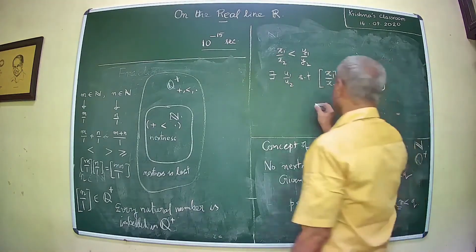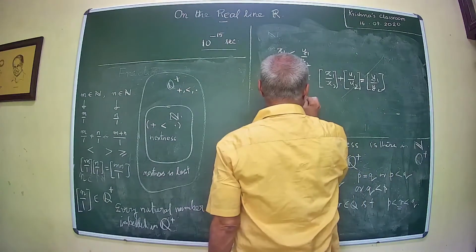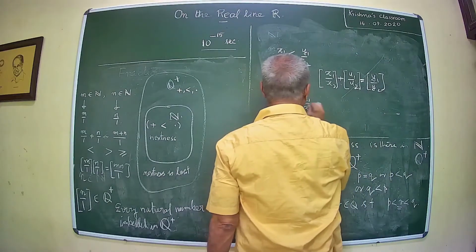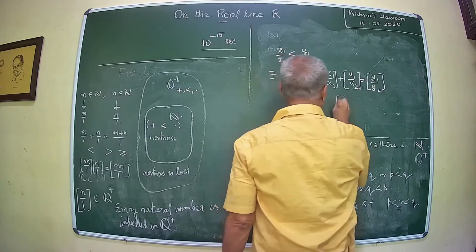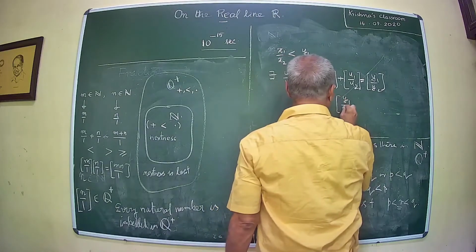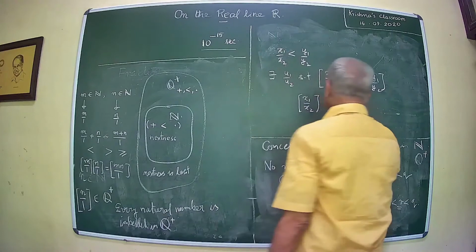So given x1 by x2 the block, and y1 by y2, three things are possible.